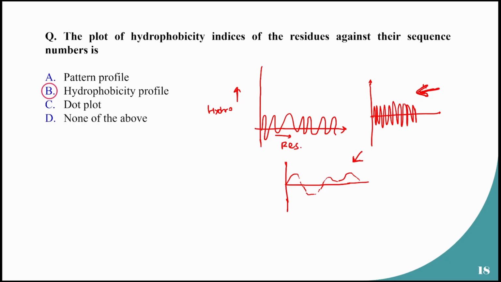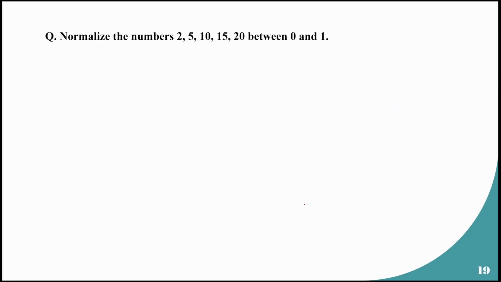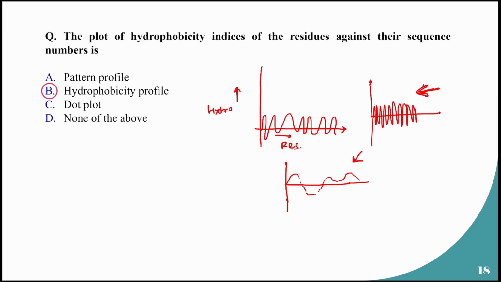But in this case, we can take a particular window size, calculate the average of that window interval, and then put that value here. So ultimately, this will give us a smoother value, and again, you need to play around with these calculations to see in which window sizes you get the best results, right? So that's one thing, the hydrophobicity profiles.